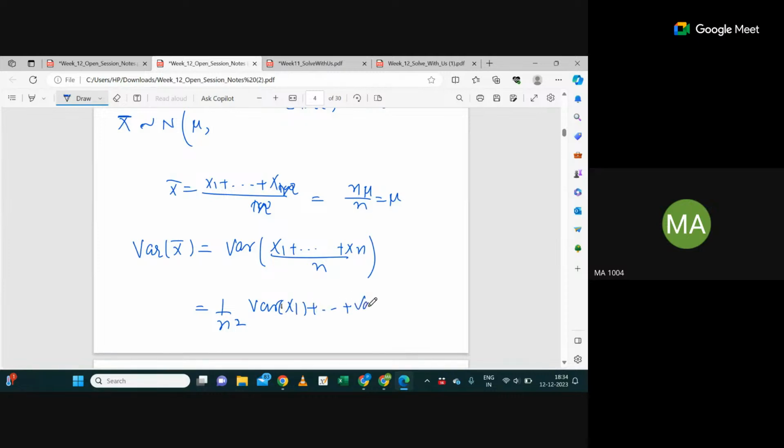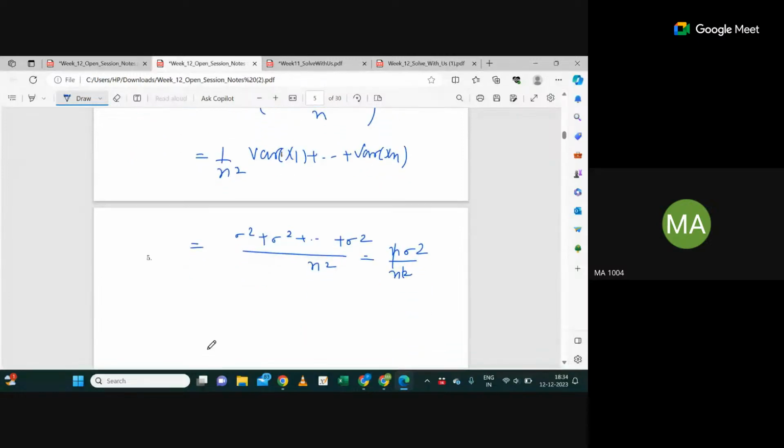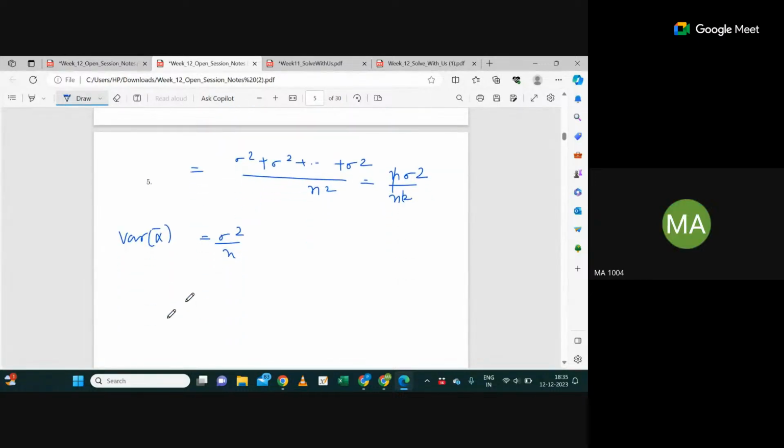So the numerator will be sigma square plus so on plus sigma square, divided by n square. That is n times sigma square divided by n square. One n will get cancelled out, so it will be sigma square by n. Now x bar is following normal with mean mu comma sigma square by n.